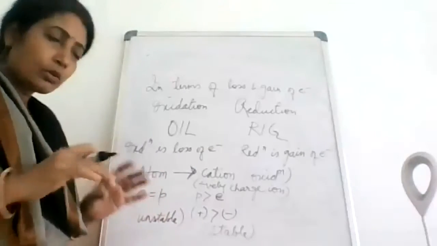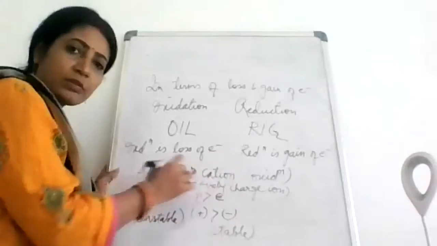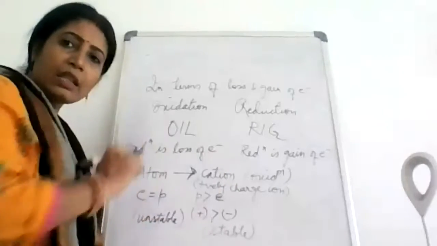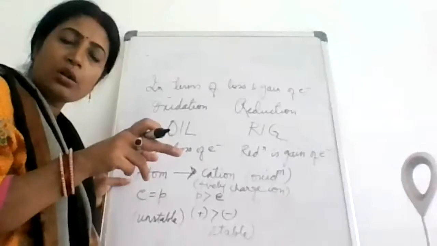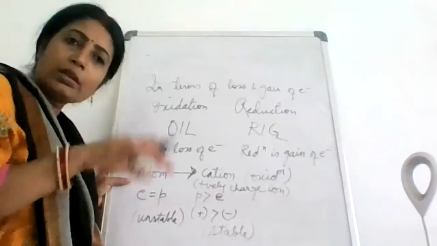Okay, so an atom forms a cation. Whenever an atom forms a cation, that means the atom has what? More number of electrons. Then what is required?